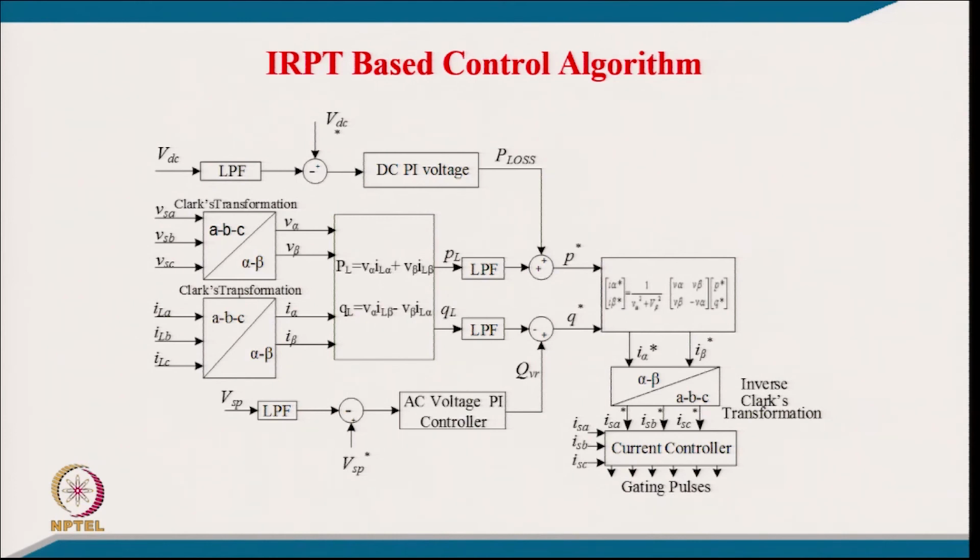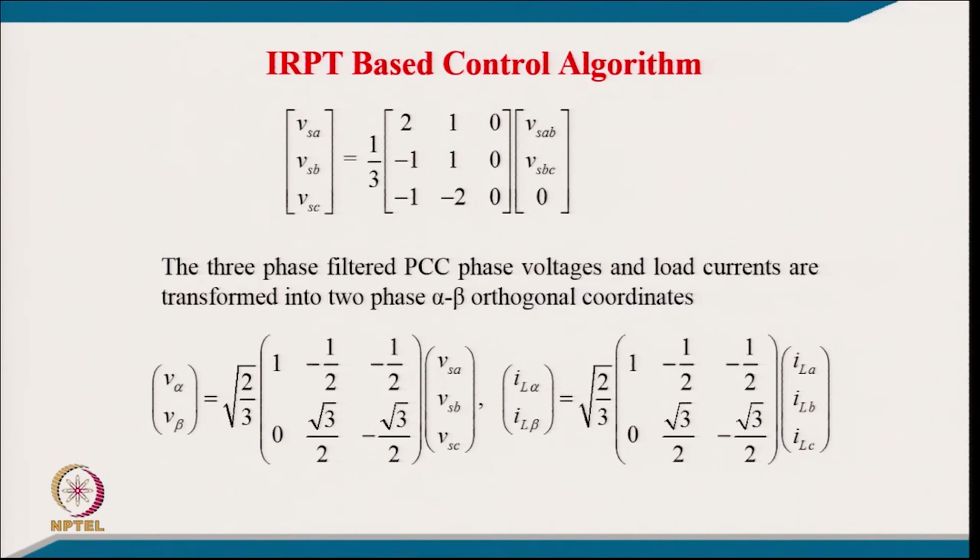We are taking indirect current control, which means control on the grid current, and these are the typical expressions from the line voltage. We get the mathematical proof: the supply phase PCC voltage, the filter PCC voltage and the load current are transformed by Clark transformation, from the a-b-c quantities into alpha beta.